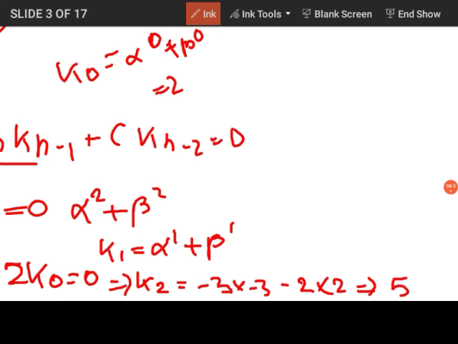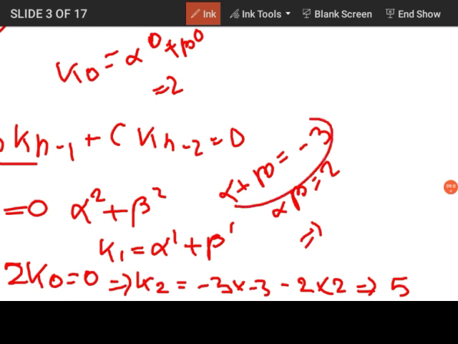Now how to check? You know that alpha plus beta is minus 3, and alpha beta is 2, so use the identity and you are going to get 5, right? So this is how you can make use of this amazing Newton's sum.